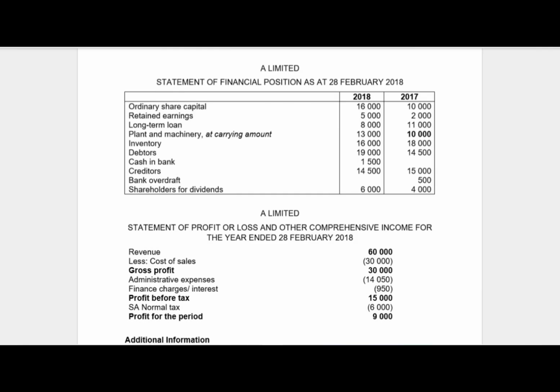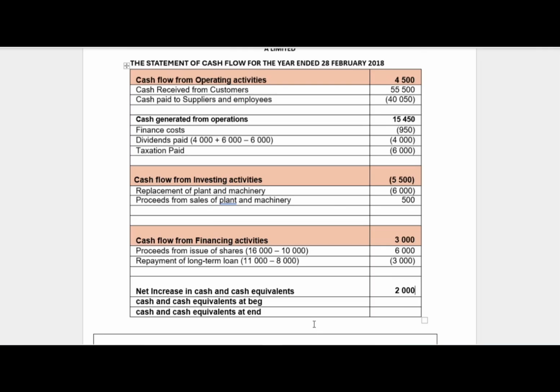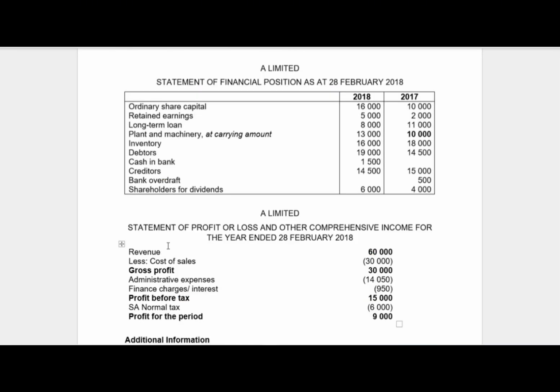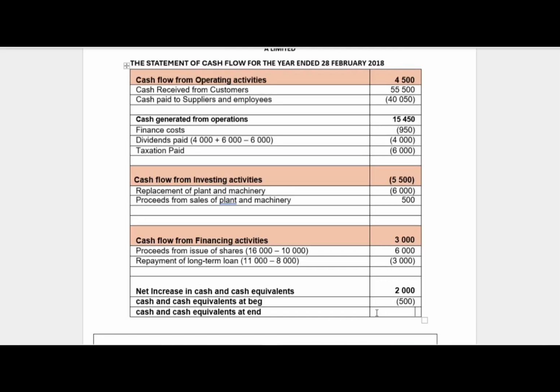So we're going to go to our cash flow and open brackets 500, close, and then we go to cash and cash equivalents at the end. At the end, we're looking at the cash in bank of 1,500, right?